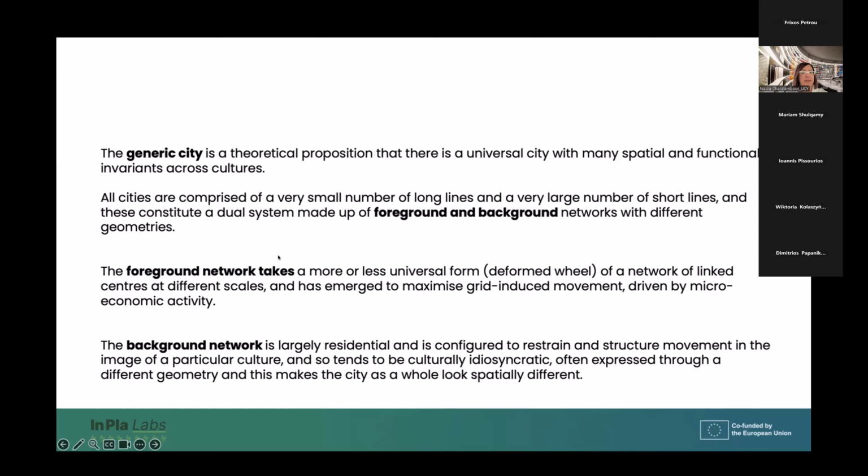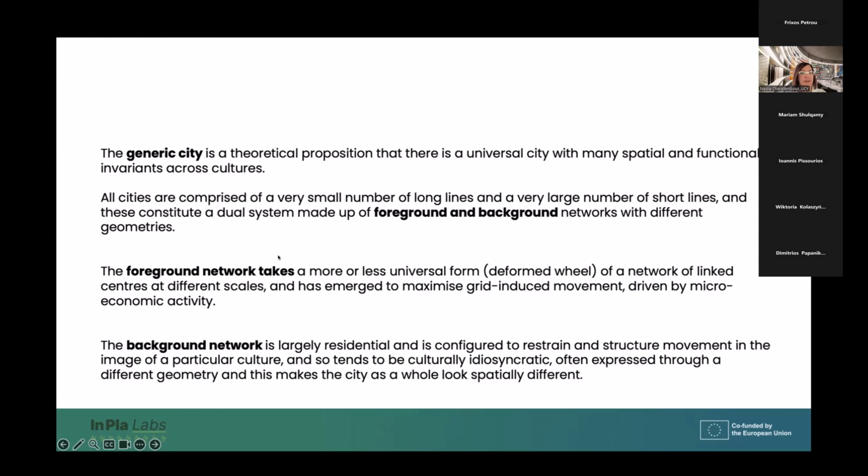It's a network of linked centers at different scales, and this has emerged to maximize movement because of the grid, and this is driven by economy, by microeconomic activity. So in other words, there are some longer lines and straight connections in all cities, and these relate more to economy, to land uses that relate to economic activity.